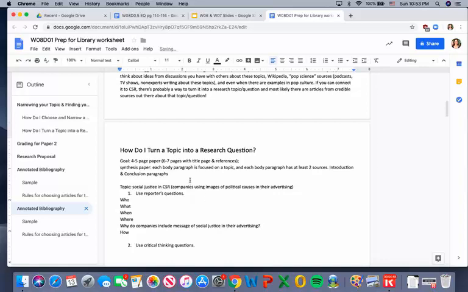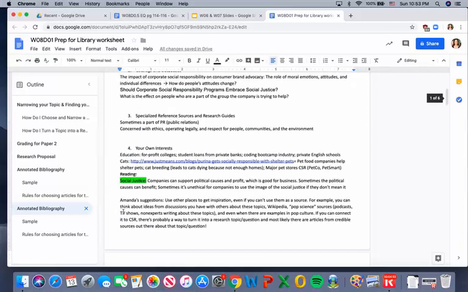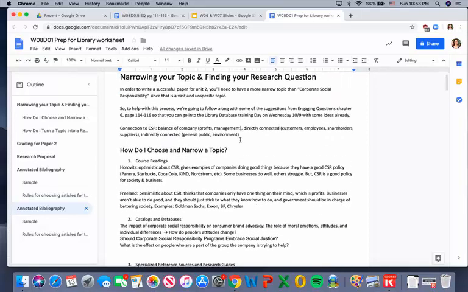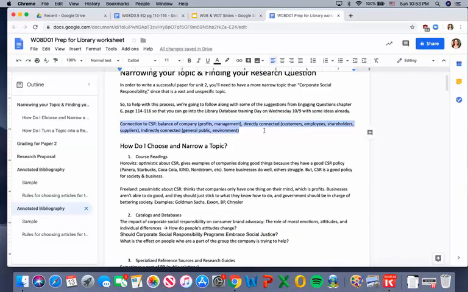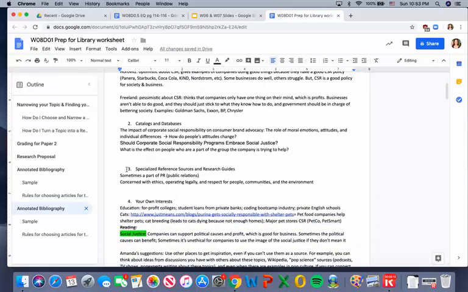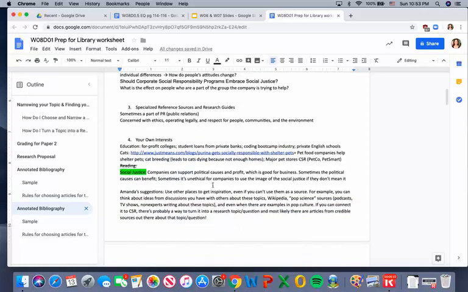And again, one thing I want to remind you about is that as you're making these questions, don't forget that you want to stay connected to this idea of corporate social responsibility, where we've got this balance of profits, those who are directly connected, customers, employees, shareholders, suppliers, and those who are indirectly connected, the general public, environment. This is also connected to the definition that we found from the encyclopedia, where we're concerned with ethics, operating legally, in respect for people, communities, and the environment.